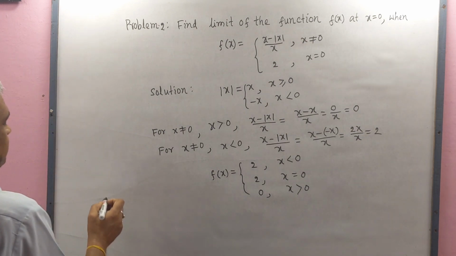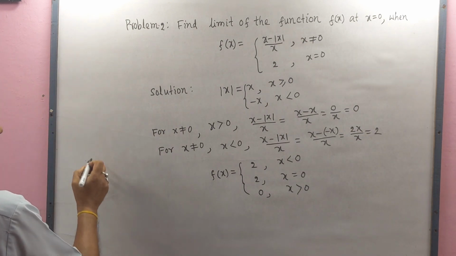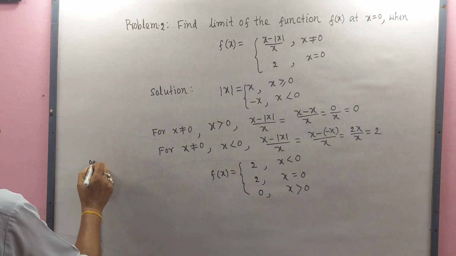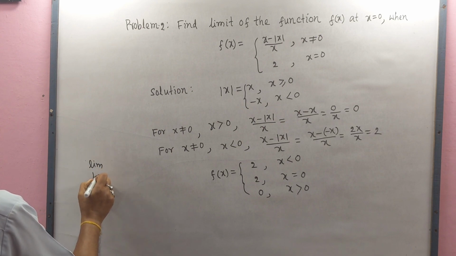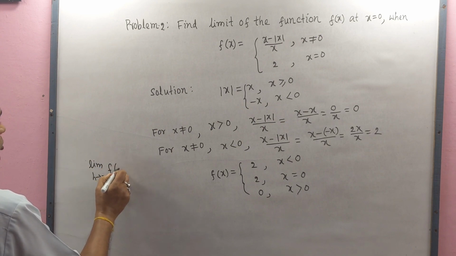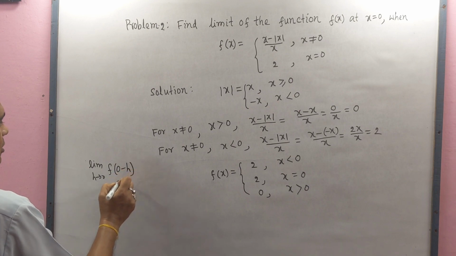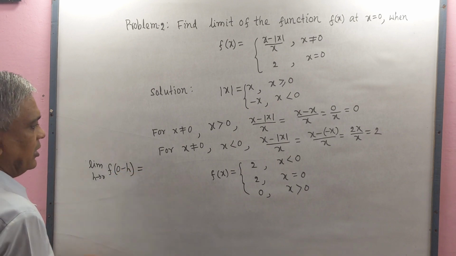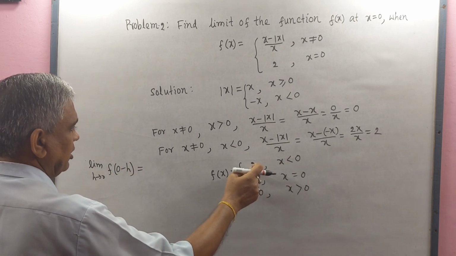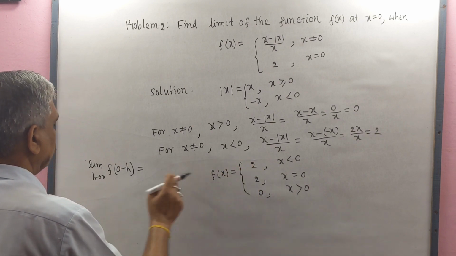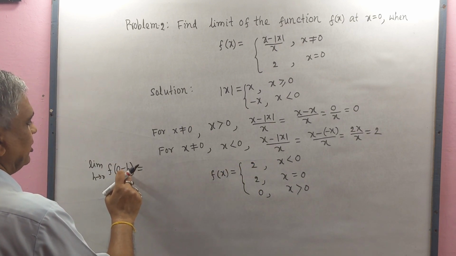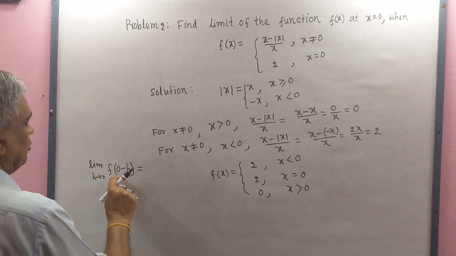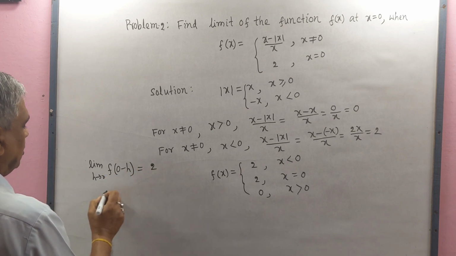So now find the limit h tends to 0 of f(0 minus h), less than 0, this is equal to 2. This 0 minus h means less than 0, then the value of the function is 2.